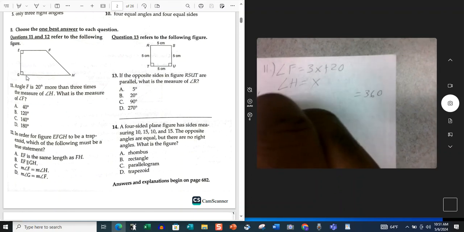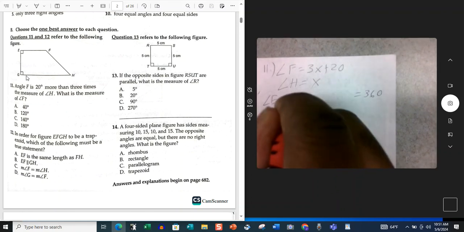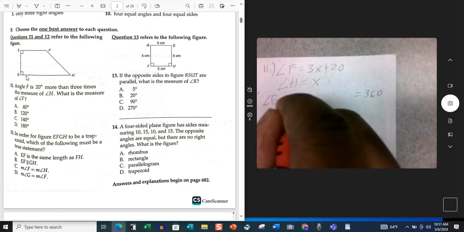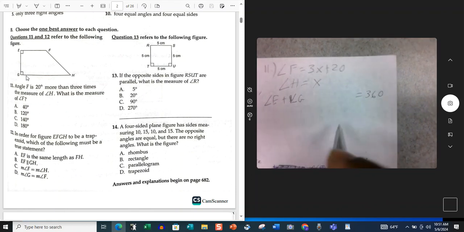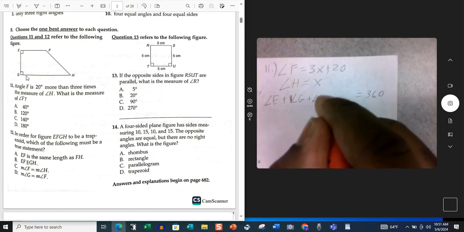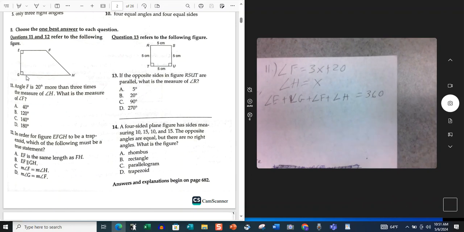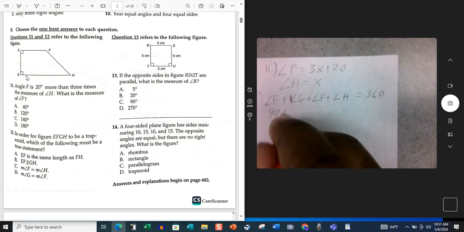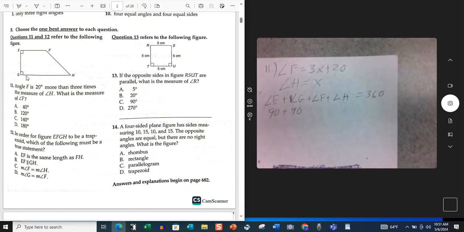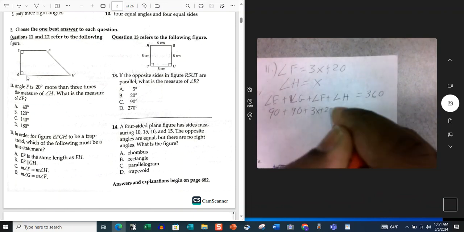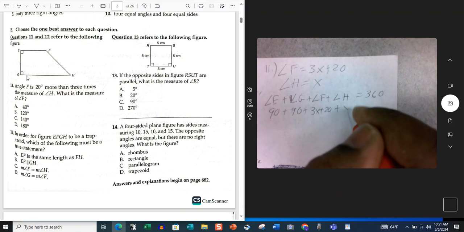Well, let me do this. Angle E plus angle G plus angle F plus angle H is supposed to equal 360. Angle E is 90, angle G is 90, angle F is 3x plus 20, and angle H is x.